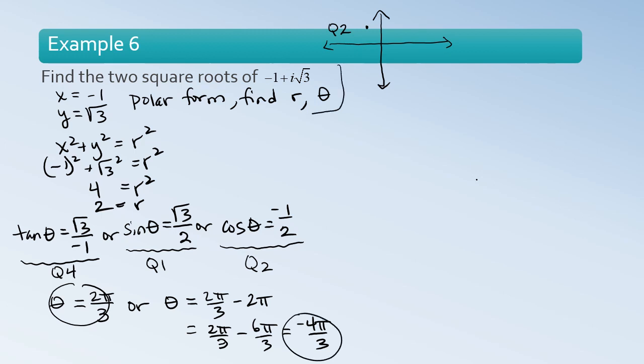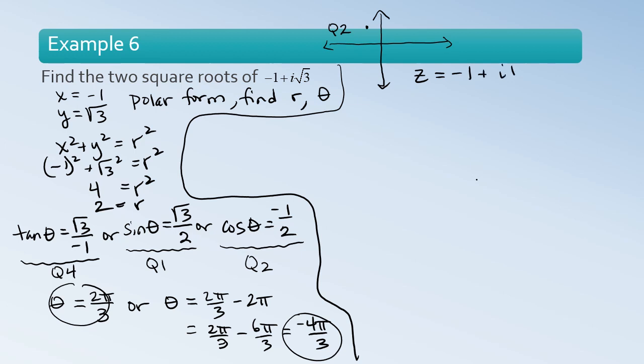All right, now I'm possibly going to run out of room, so let me just put a border here. Now my job is to actually take the root. So I started out as z equals -1 plus I times the square root of 3.